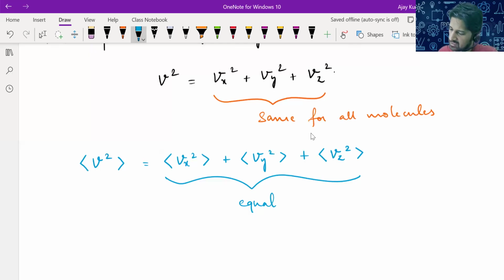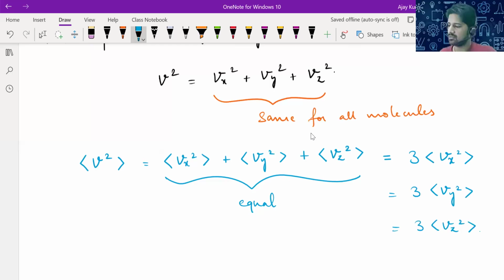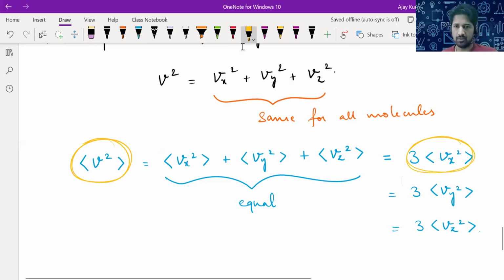Since all the averages are equal, you can say that the average of v square is equal to 3 times the average of Vx square. You can also say it is equal to 3 times the average of Vy square or 3 times the average of Vz square. So the average of square of speed of gas molecules is 3 times the average of square of x component.